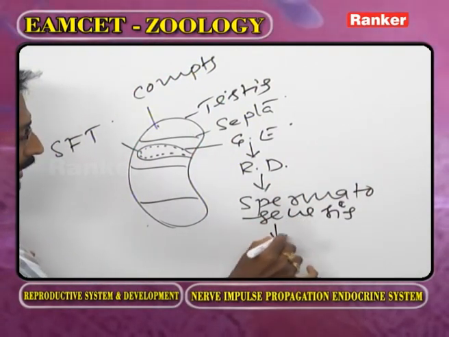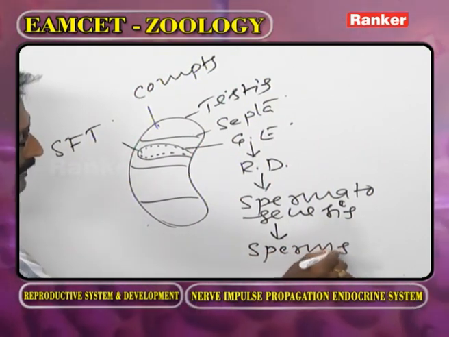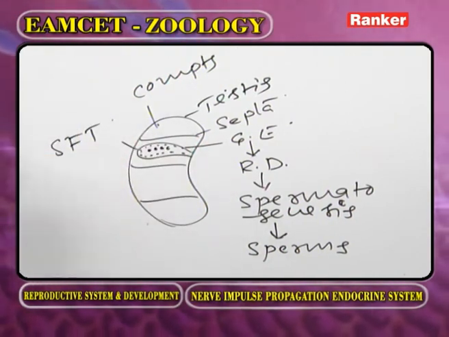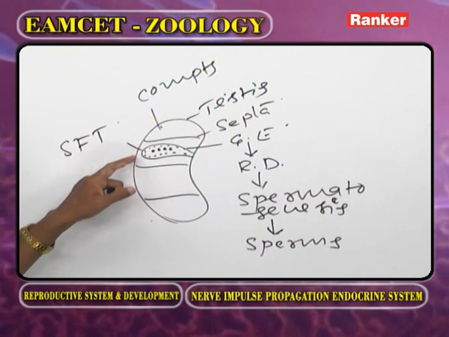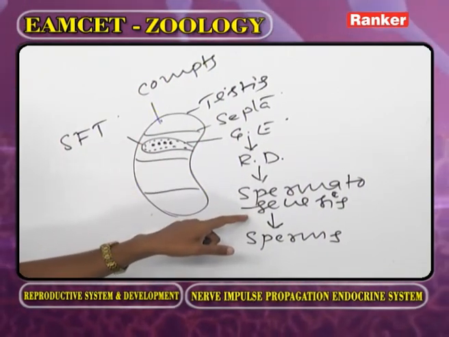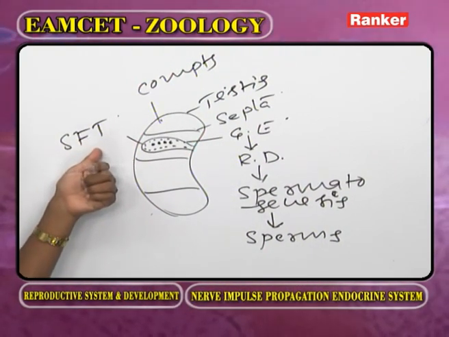After completing the reduction division, we get haploid sperms. These dots indicate the haploid sperms. What is the site of spermatogenesis or reduction division? The answer is the seminiferous tubule.